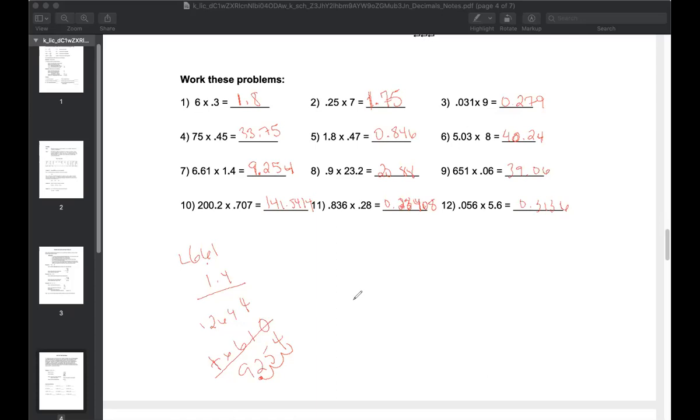That's how we're doing our multiplication of decimals. And it's relatively straightforward. Just remember, you don't need to line up your decimals or your place values at all. Just line up the last number in each factor that you're multiplying together. Okay. Questions about the multiplication?